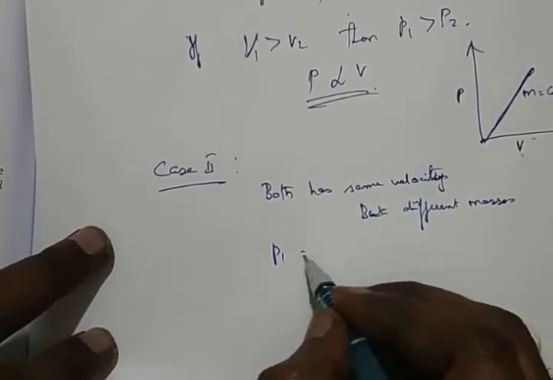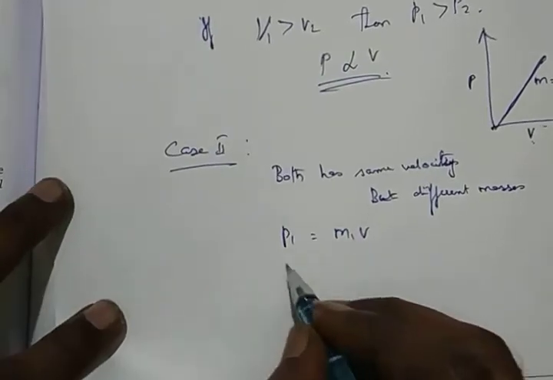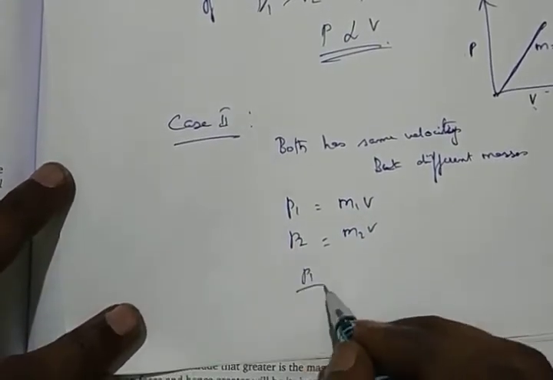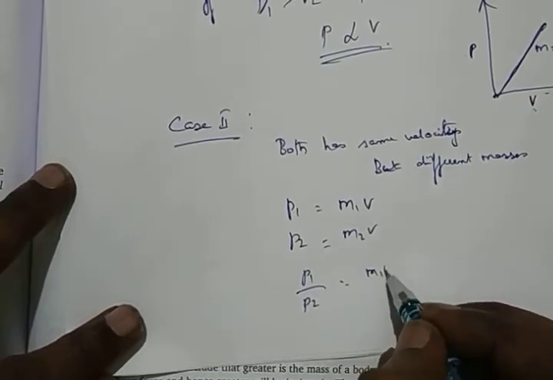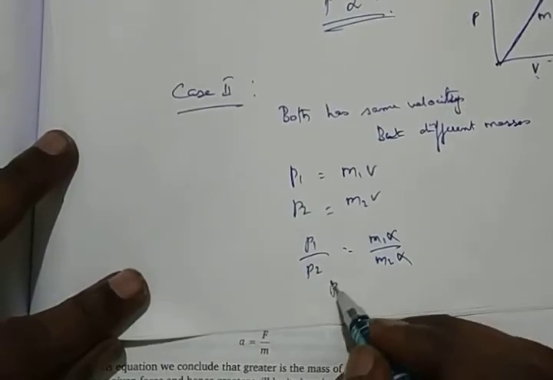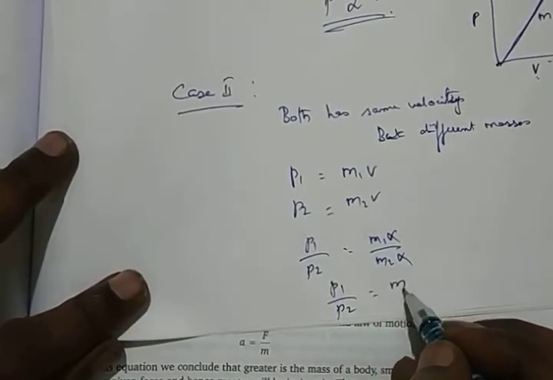So P1 is m1 into V and P2 is m2 into V. Divide both: P1 upon P2 is equal to m1V upon m2V, and velocity gets cancelled out. So P1 upon P2 is equal to m1 upon m2.